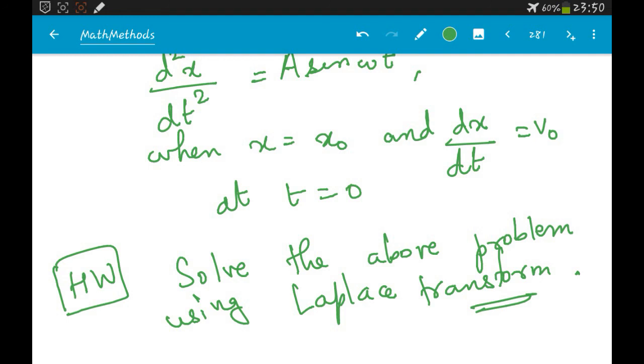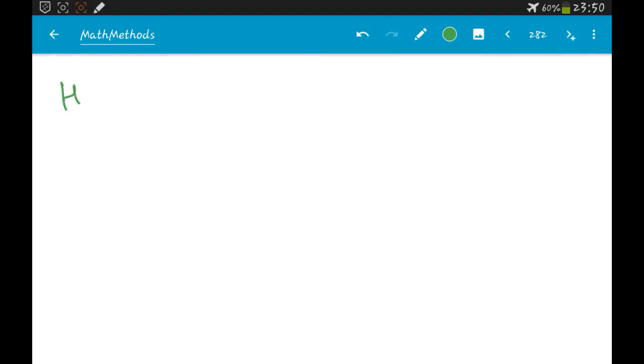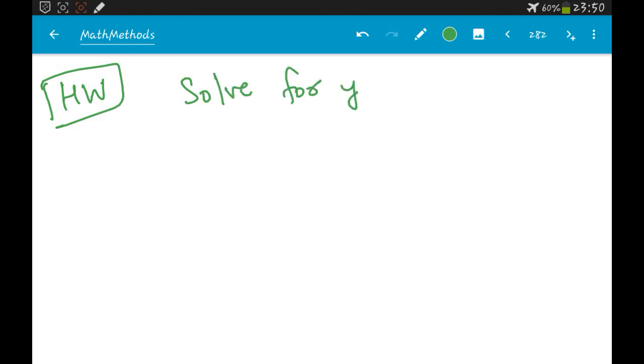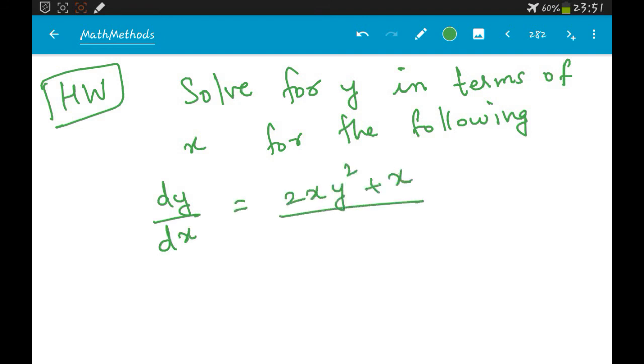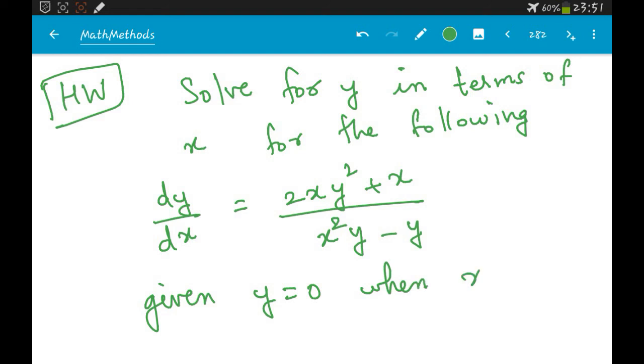Then the third homework is to solve for y in terms of x for the following: dy by dx is equal to (2xy square plus x) by (x square y minus y), given that y is 0 when x is equal to root 2.